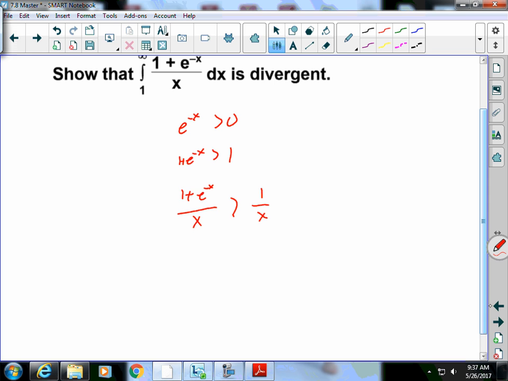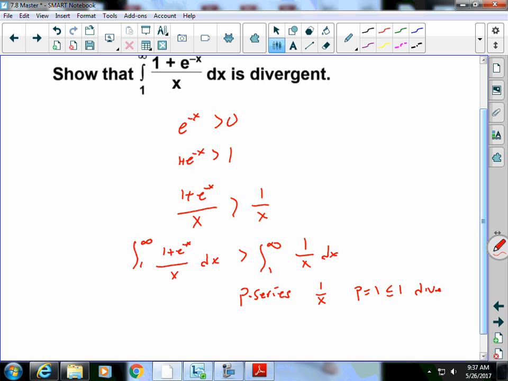And if this is true, then I know that the integral from 1 through infinity of 1 plus e to the minus x over x dx has to be greater than the integral from 1 through infinity of 1 over x dx. That's great, because remember we did the p series earlier? This is 1 over x. It's a p series. P is equal to 1 because x is the first power. P equals 1, which is less than or equal to 1, and it's divergent.